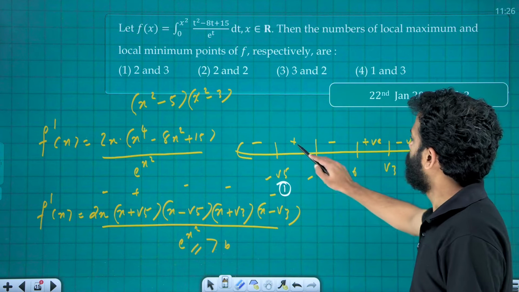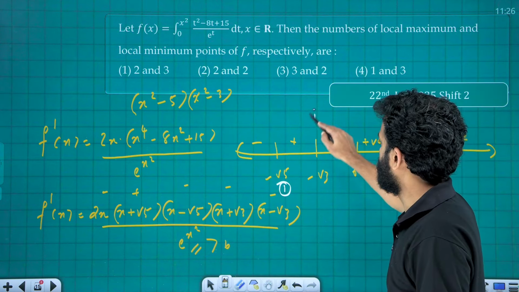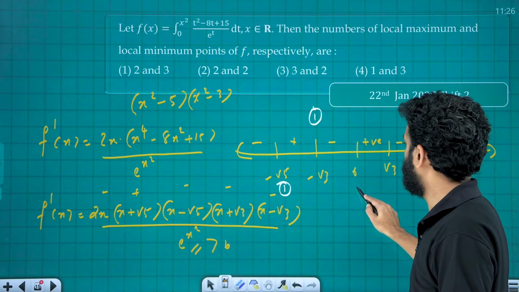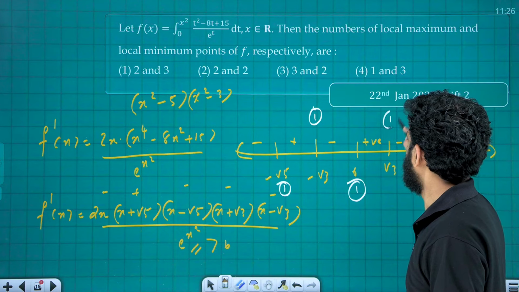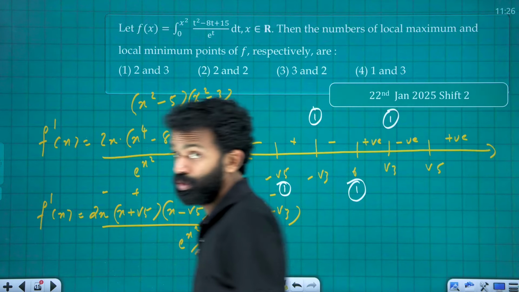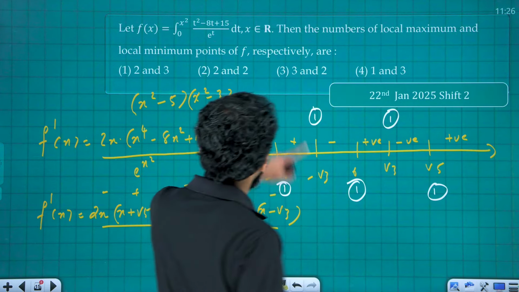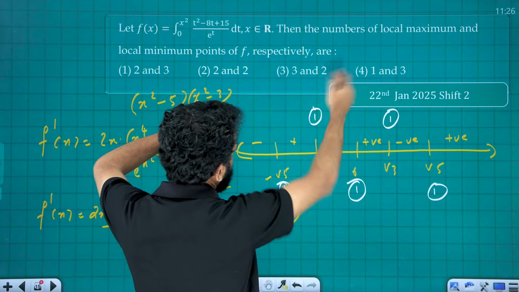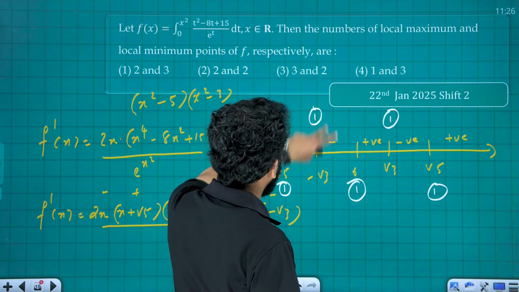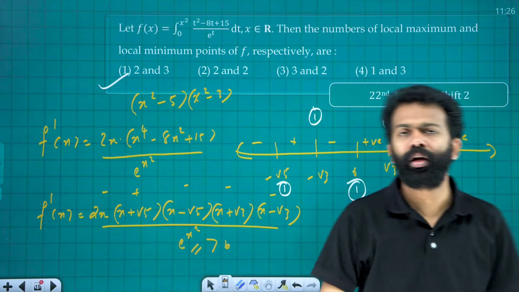Positive to negative, therefore it is a point of maxima. Again negative to positive, minima. Again positive to negative, maxima. Again negative to positive, minima. So how many points of minima? 3. And how many points of maxima? 2. Therefore maxima will be 2 and minima will be 3. That is the correct answer, 2 and 3 is the final answer for this one.